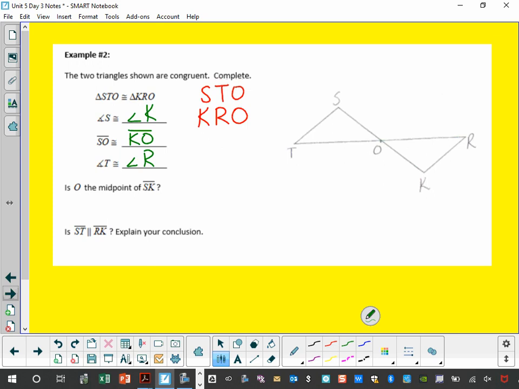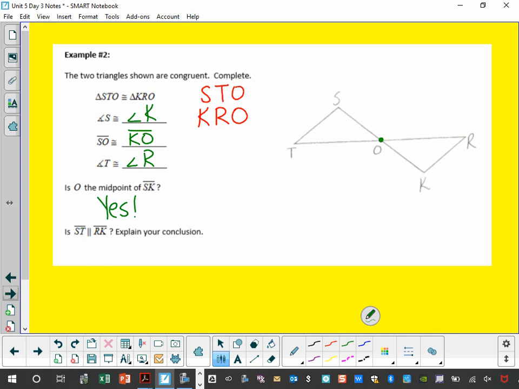So even though we did not draw these triangles, we can still figure out what the congruent parts are based on us just stacking them up. All right, is O the midpoint of SK? Yes, it is. And I'm going to tell you the technical reason why we know that it is.